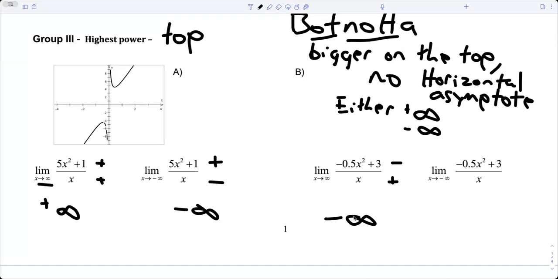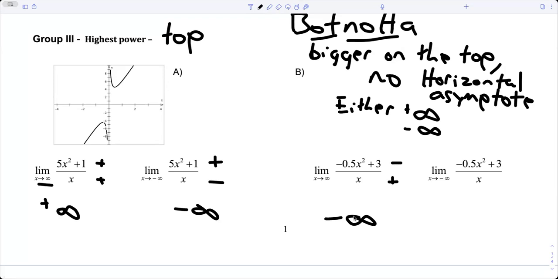So you're not looking at all at the plus 3. That doesn't matter at all because of what we were talking about earlier. All that matters is the leading term, the term of the highest degree. On this one, I'm plugging in negative numbers.